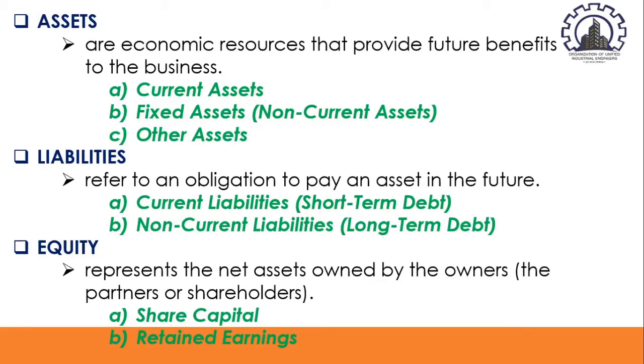And lastly, we have other assets or intangible assets. And these types of assets are those that are not physical in nature. Examples of these are goodwill, brand recognition, and intellectual property, such as patents, trademarks, and copyrights.